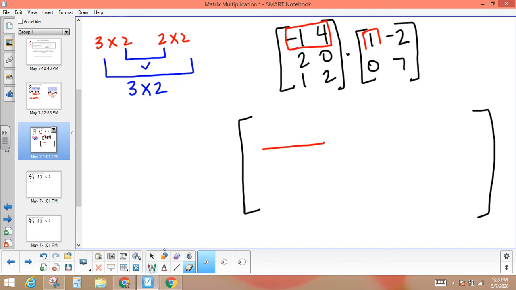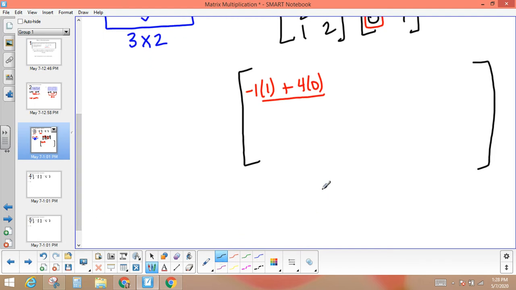So we're going to do this times this plus this times this, row times this column. So -1 times 1 plus 4 times 0. That gives us this one number. So my final answer matrix down here, this first little entry is going to be -1 plus 0, so -1.